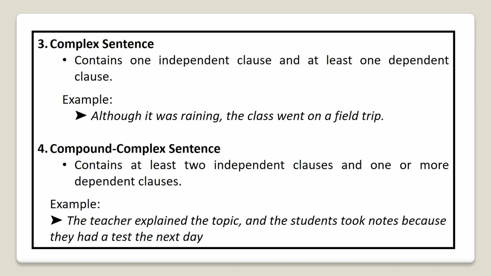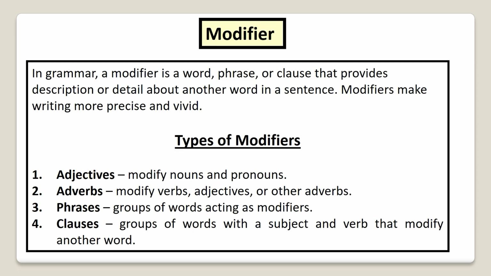Now we are coming to modifiers. What are modifiers actually? In grammar, a modifier may be a word, a phrase or a clause that provides description or detail about another word in the sentence.